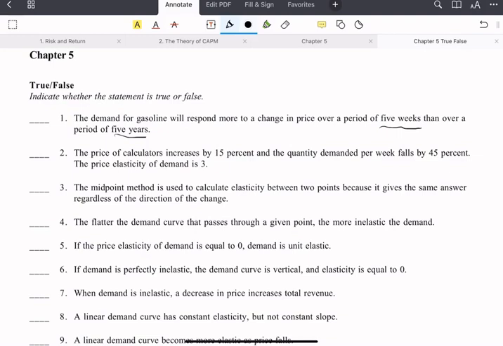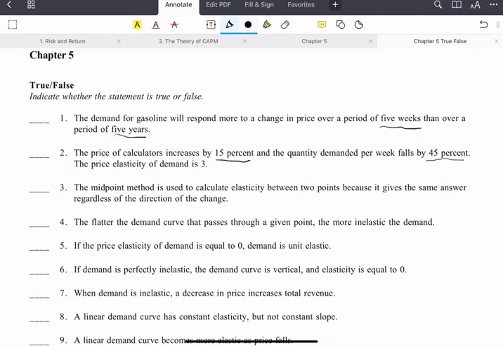Okay, let's look at the second one. The price of calculators increases by 15% and the quantity demanded falls by 45%. The price elasticity is 3. Well, this is actually right, because the price elasticity is defined as the percentage change in quantity demanded divided by the percentage change in price.